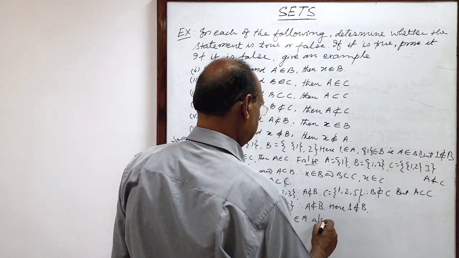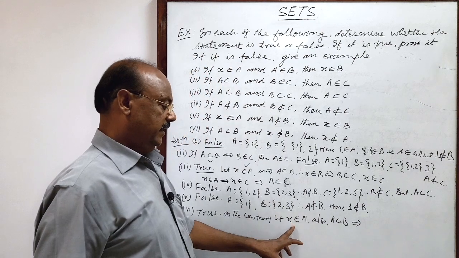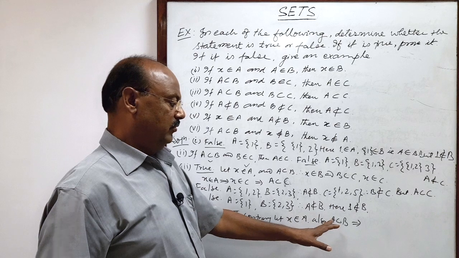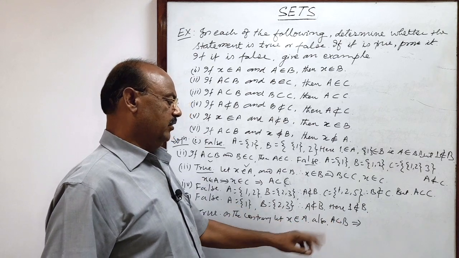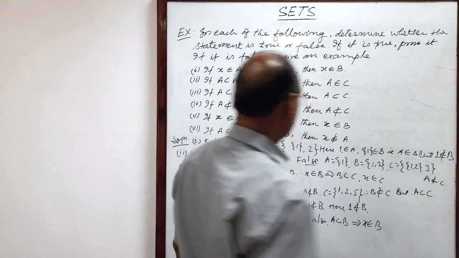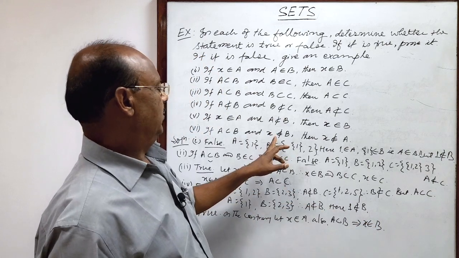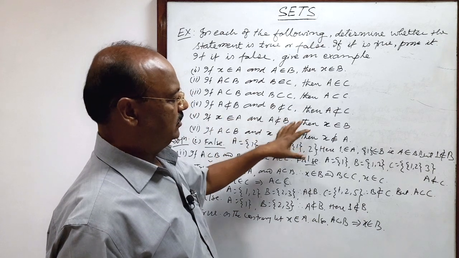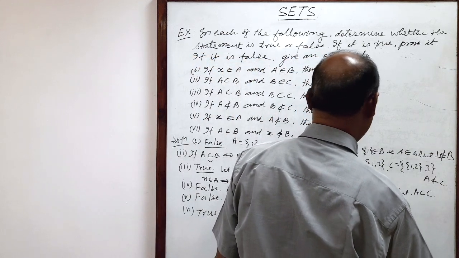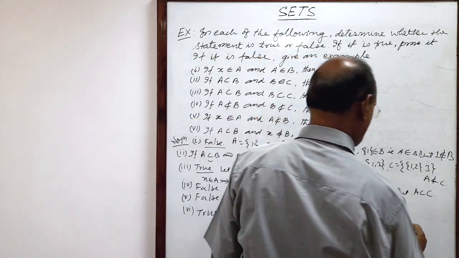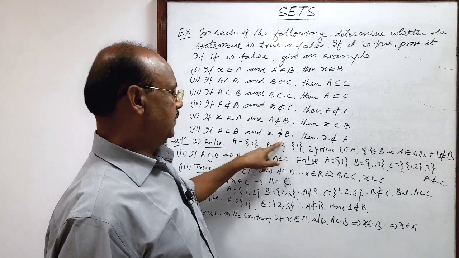A is a subset of B, so this implies X belonging to A and A a subset of B. It means when A is a subset of B, all the elements of A are available in B. So if X is in A and A is a subset of B, then definitely X belongs to B. So you see, if we suppose X belongs to A, then we get the result X belongs to B. But here it is given that X does not belong to B, so we cannot suppose that X belongs to A. It means X does not belong to A. Therefore, this contradiction shows that X does not belong to A, because if X belongs to A, then this proposition becomes false.